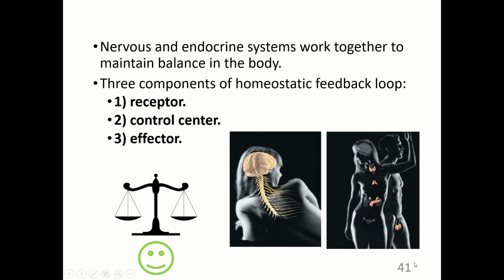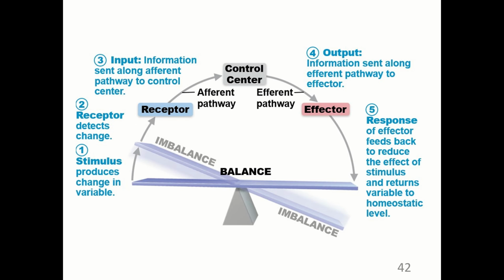The nervous and endocrine systems work together to maintain balance in the body, and they form a homeostatic feedback loop, which includes the receptor, the control center, and the effector. The receptor is going to sense a stimulus. The stimulus is what produces a change in whatever we're measuring.